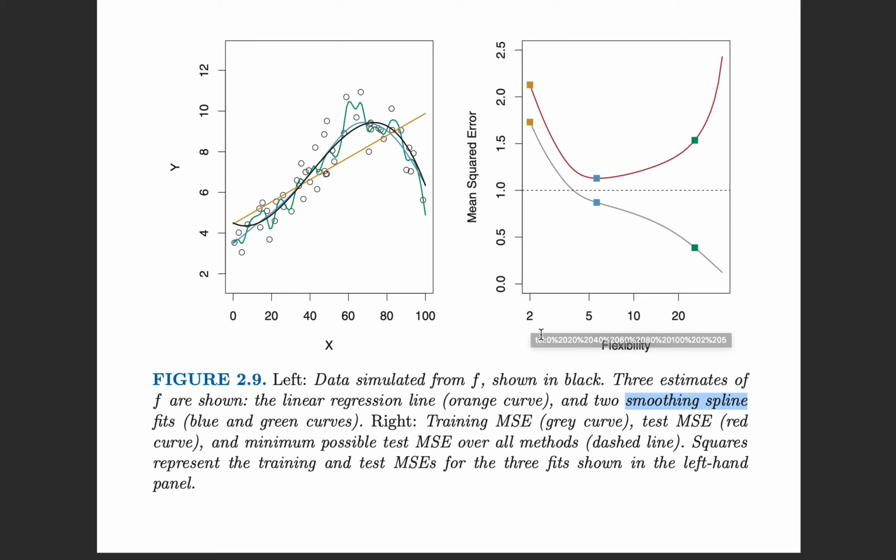Flexibility 2 means there are two parameters in this model, and that's why it's linear regression. Simple linear regression has an intercept and a slope. Therefore, the flexibility is 2. And as the flexibility increases, the training error becomes smaller, the test error becomes smaller, but then if you have too much flexibility, the test error will increase again.